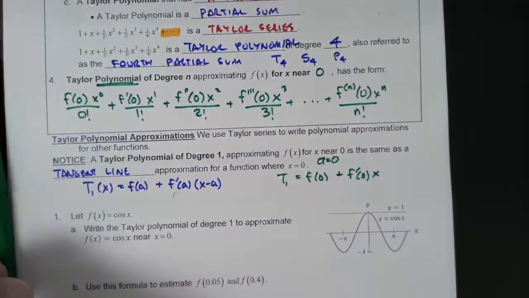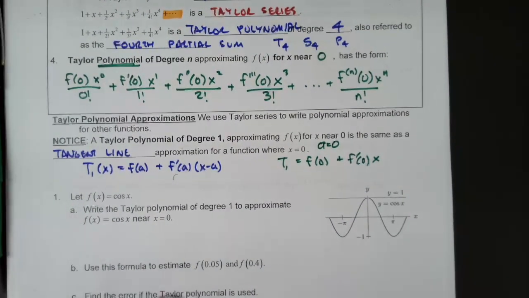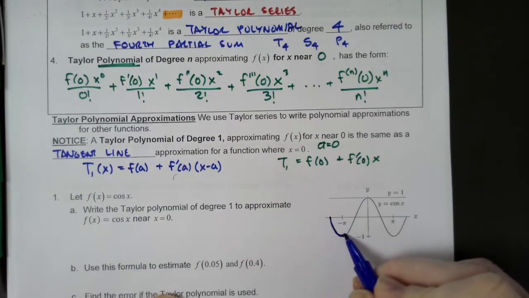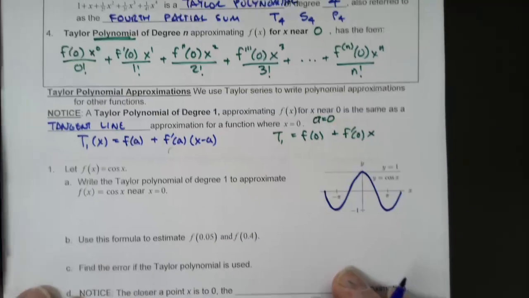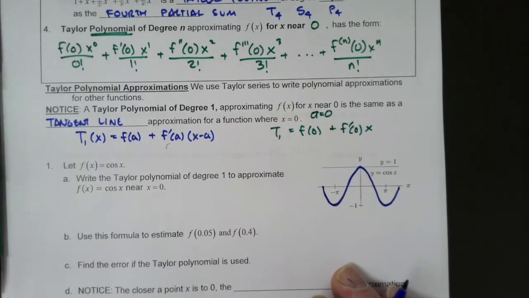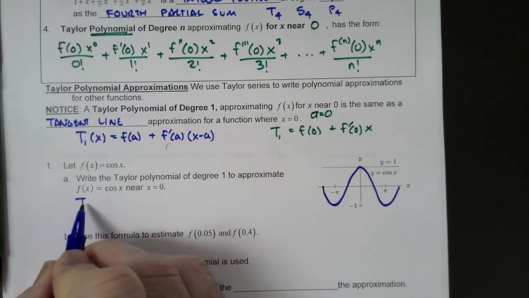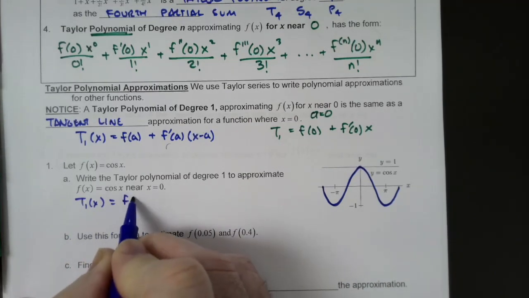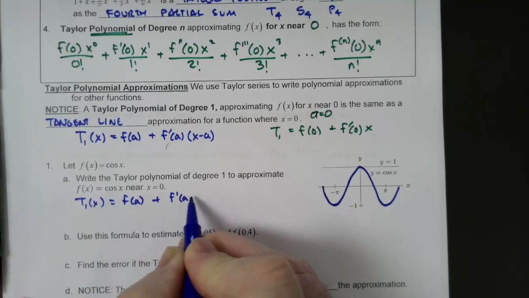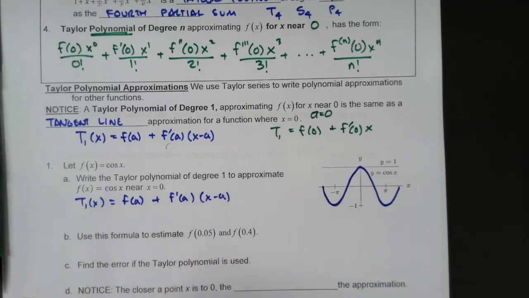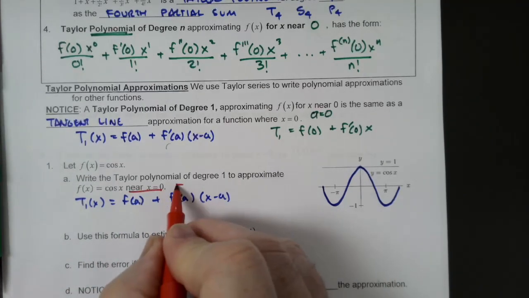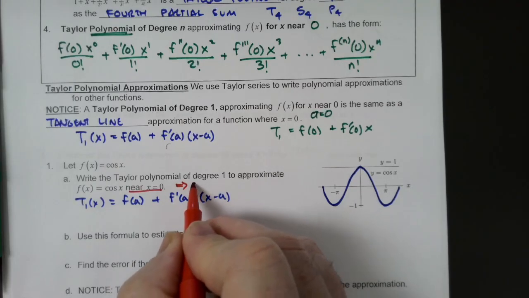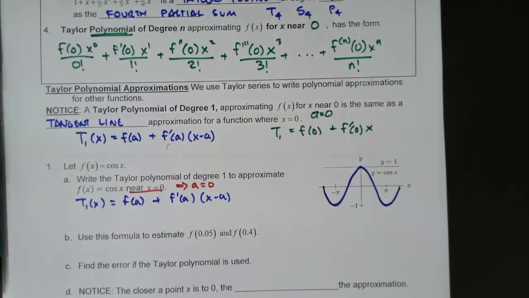All right, let's take a look at this. We've got our cosine graph right here, looking absolutely fabulous. And it says, let's write a Taylor polynomial of degree 1 to approximate this. So remember, our Taylor polynomial of degree 1 will be f of a plus f prime of a times x minus a. Since they use the term here near x equals 0, that's telling us that we want to make a equal 0.